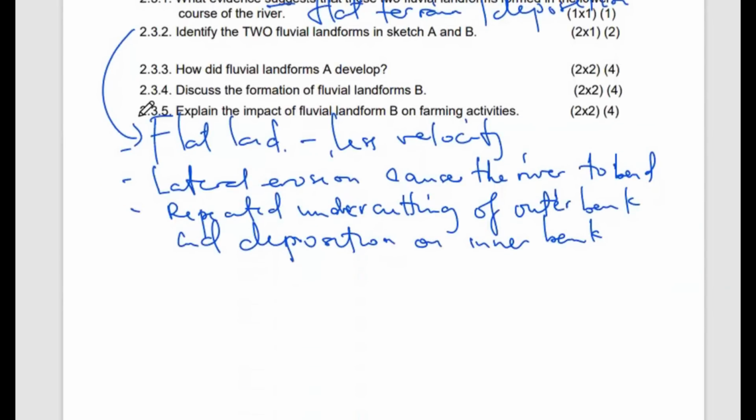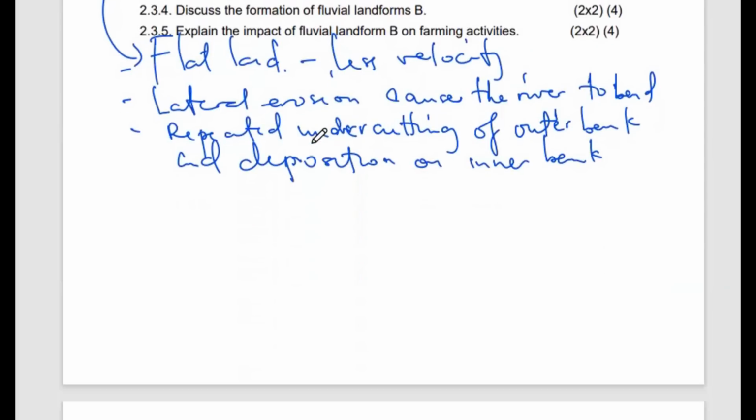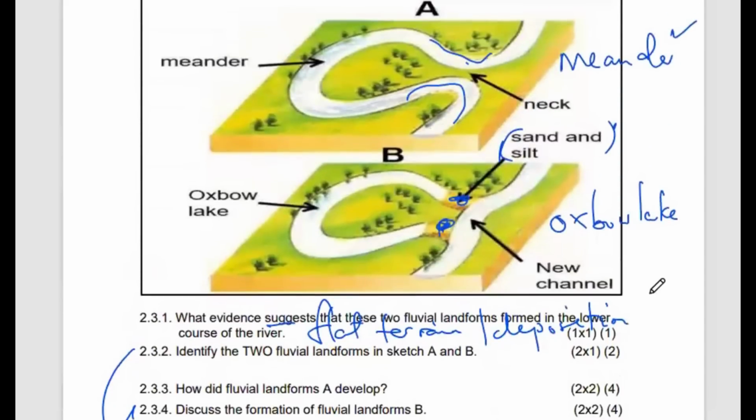Right, moving on to the next question. Discuss the formation of fluvial landform B, basically an oxbow lake. Like what we are seeing here, I'll use this explanation. We are seeing how an oxbow lake forms. It starts from a meander, that's the first step. On the meander, we have an outer bend where there is erosion, and here there's deposition.